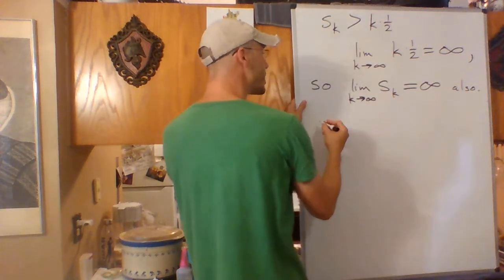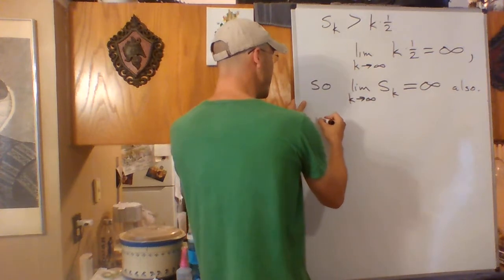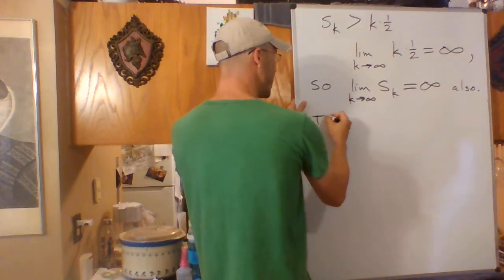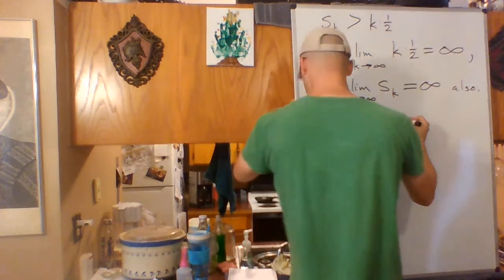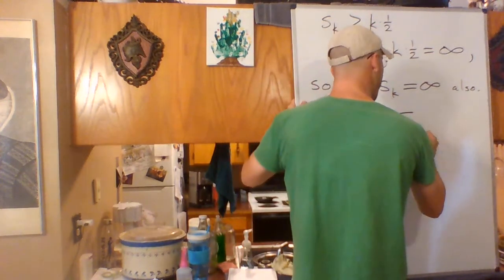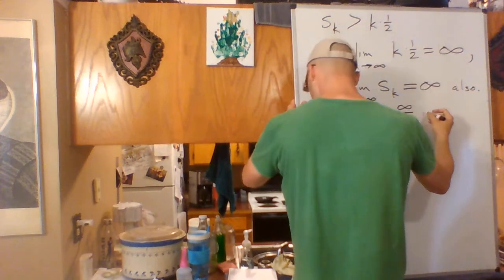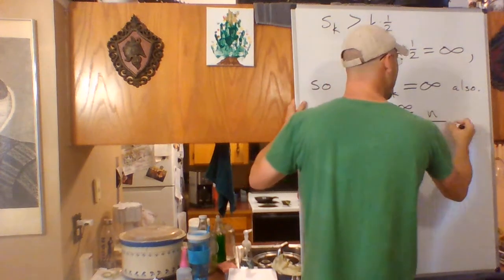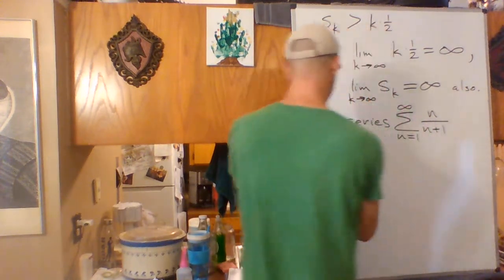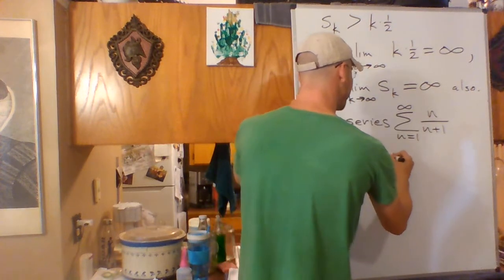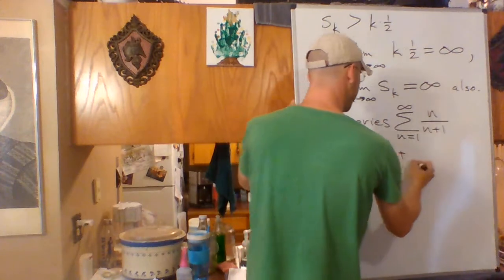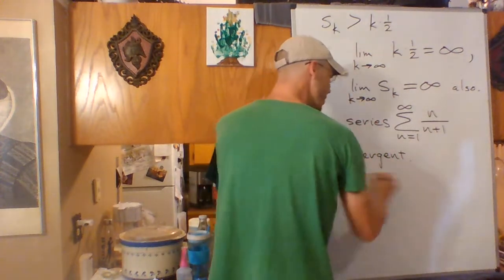It's positive infinity. The series, the original series we were looking at here, the sum from n equals 1 to infinity of n over n plus 1, is divergent. And that's really the answer there, divergent.